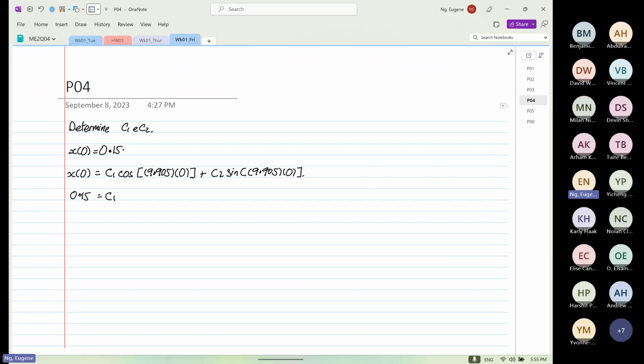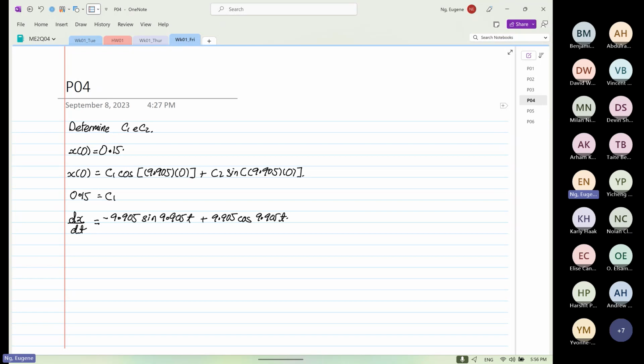Then from here, we differentiate dx by dt. Why do we have to differentiate? Because our next boundary condition is velocity based. So minus, I think you guys can do this really well, I'm almost done. Minus 9.905 C1 sine 9.905 t plus 9.905 C2 cos 9.905 t.